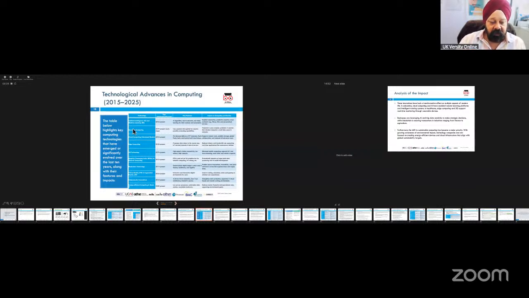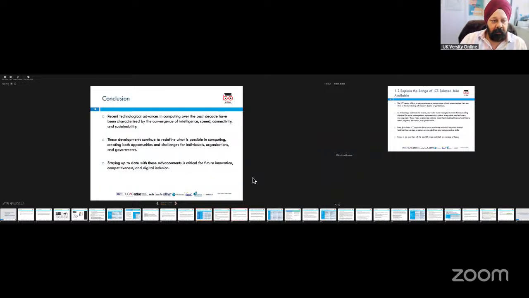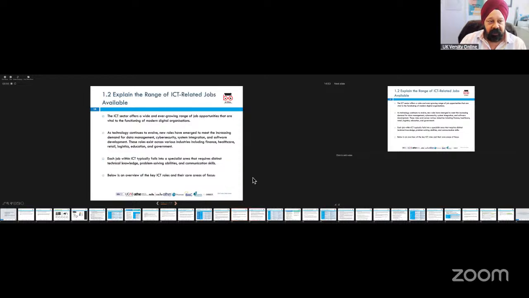Now we are getting into things like 5G technology, which also came out in early 2019. But if we talk about 2025 and above, we are looking at developments predominantly in edge computing, quantum computing, and artificial intelligence. So a couple of slides that I've created are there for you to go through and read in more detail, related to this part of the evolution of computing and technology. Is that okay?